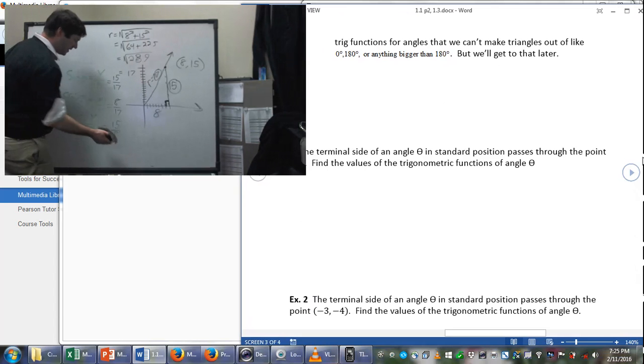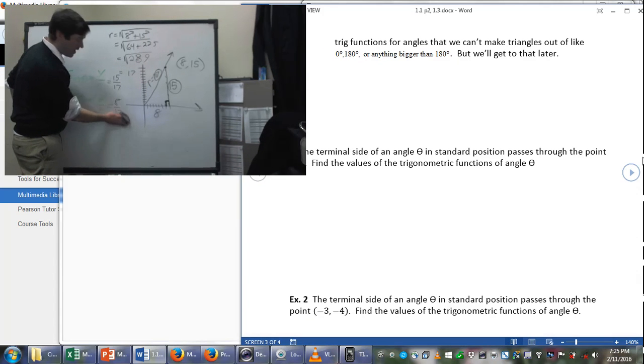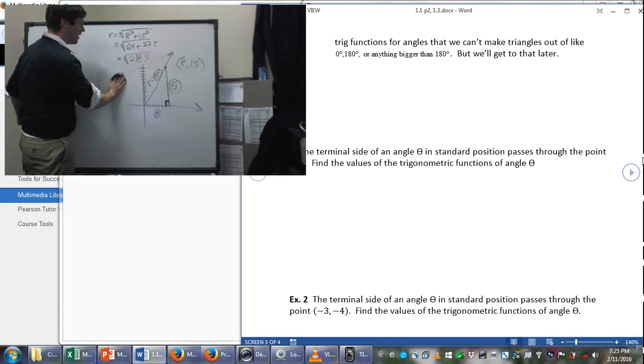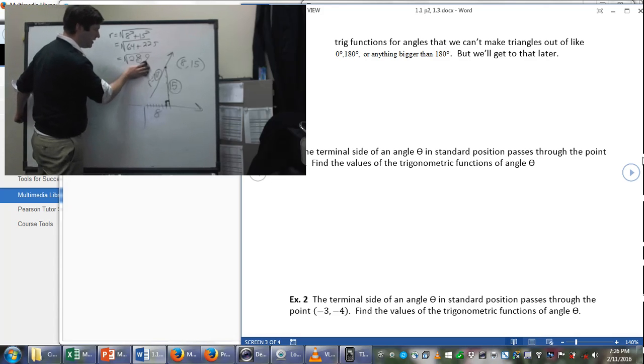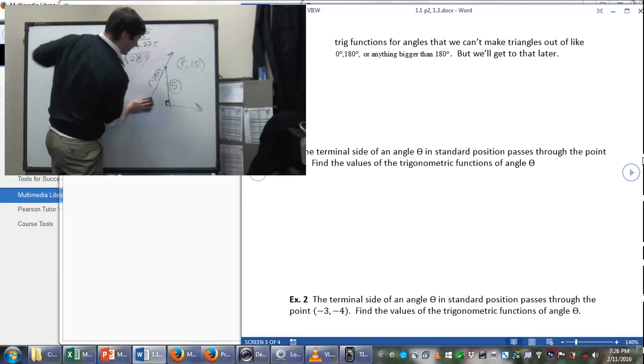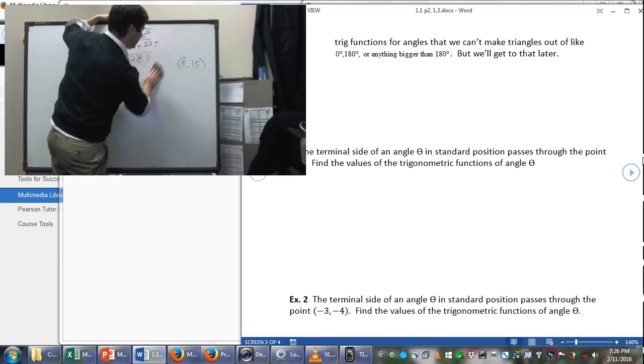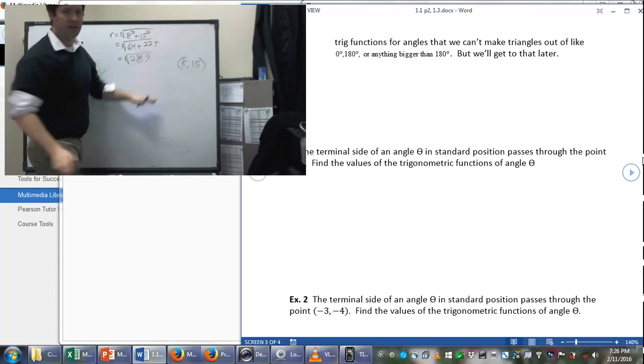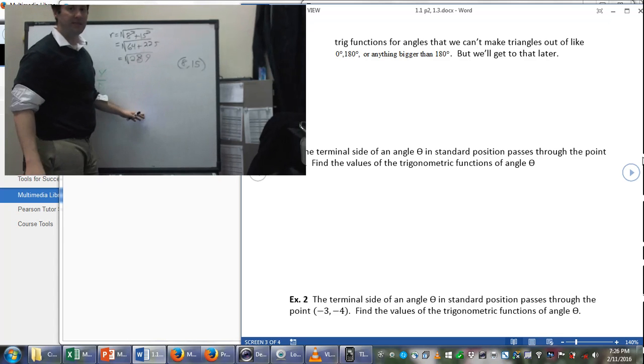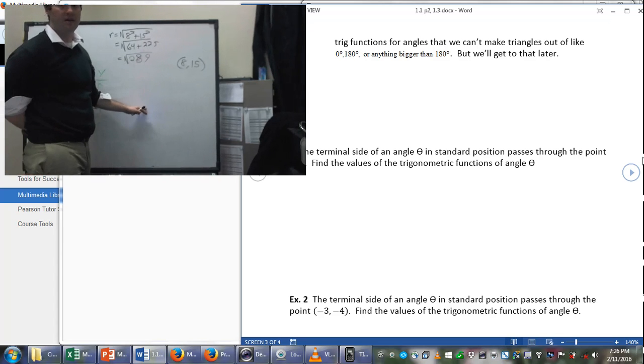And clear that, clear this. Now I could have just entered that all at once. So square root of, actually, let me clear that. Clear that. There we go.